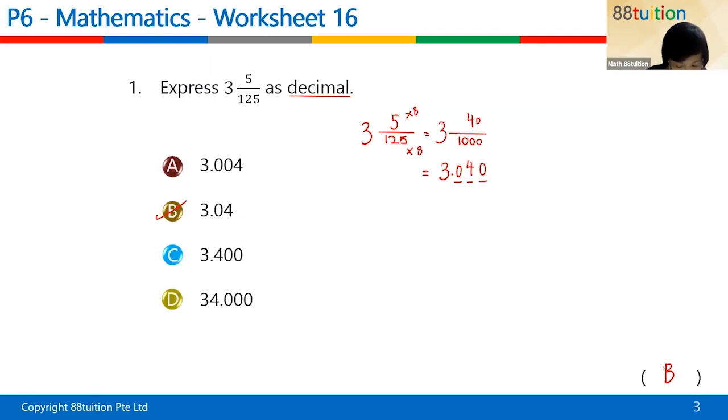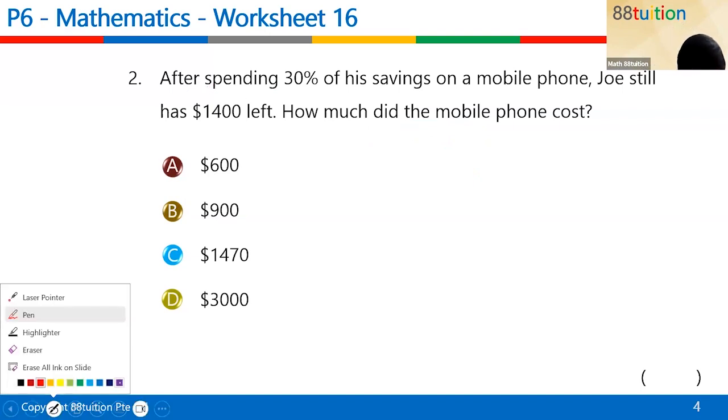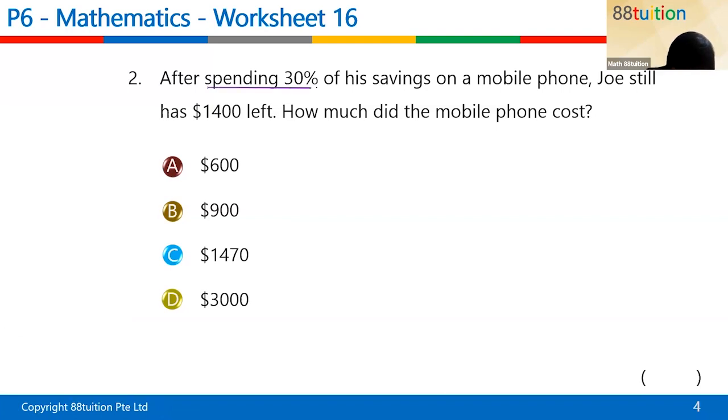Next question. Let's turn to question 2. After spending, he must have spent 30% of the savings, and that was for a mobile phone. He was being left with $1,400. So this $1,400 is actually 70%. How much does the phone cost?